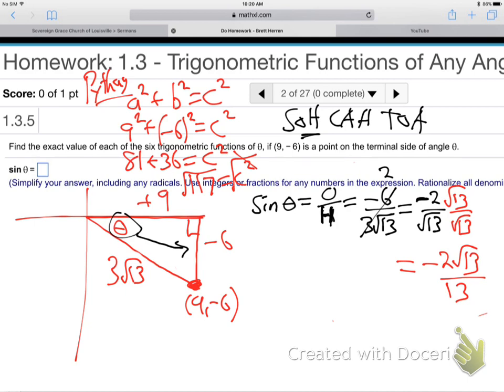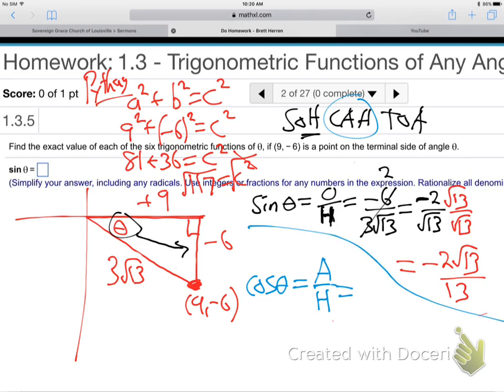And then cosine, same thing. Cosine is adjacent over hypotenuse. So adjacent is the 9, right? This is the adjacent side, this is the opposite side, and this is the hypotenuse.